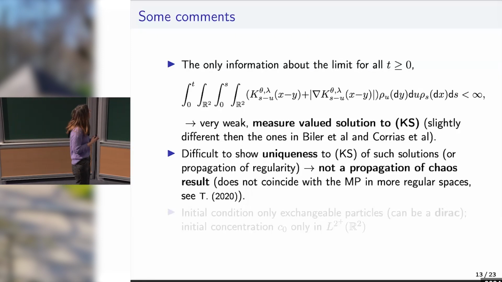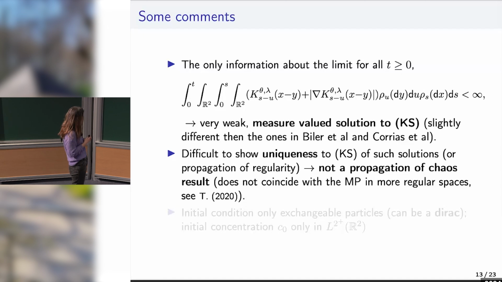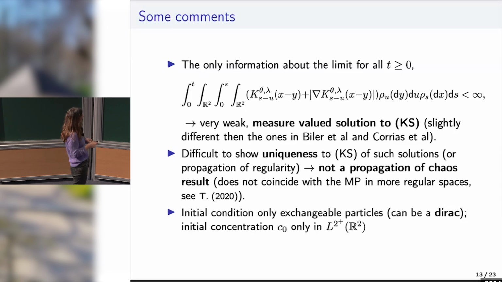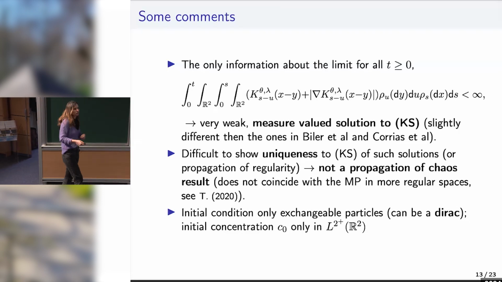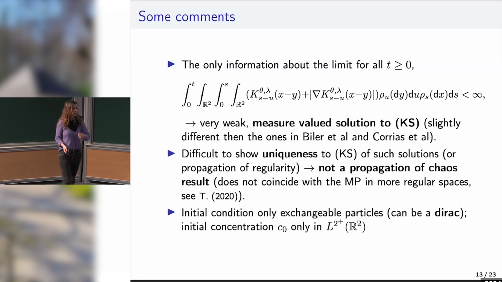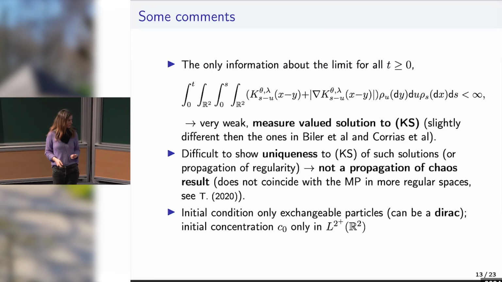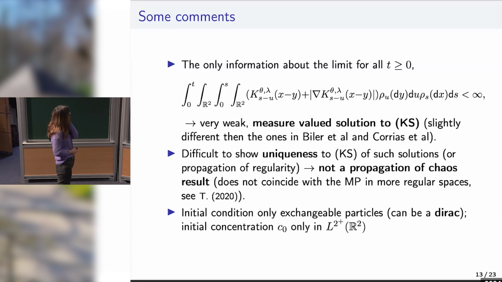About the initial data, I didn't tell you, but the only thing we suppose is that the particles are exchangeable. We can work with singular initial data, we can work with Diracs as initial data.